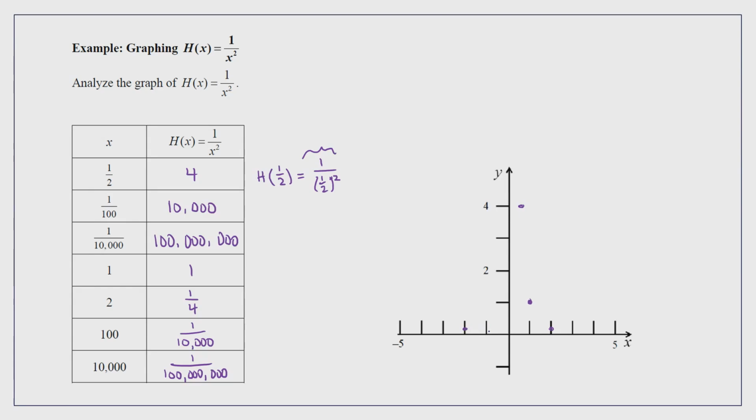I'll have (-1, 1). And I'll have (-1/2, 4). So then we can plot these points and connect our dots.